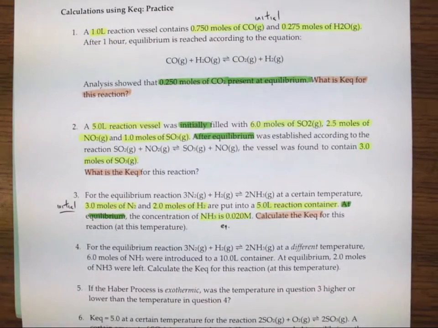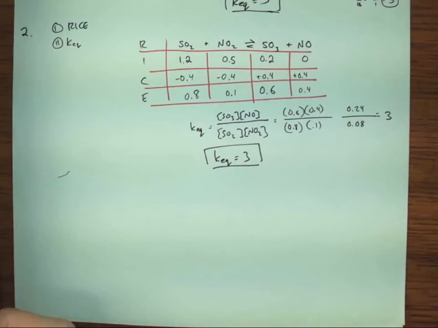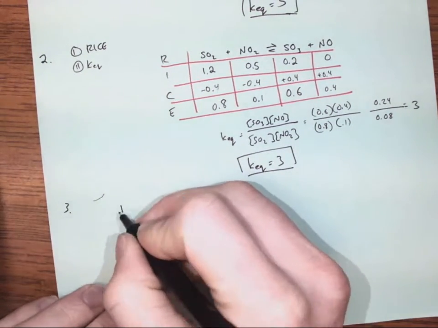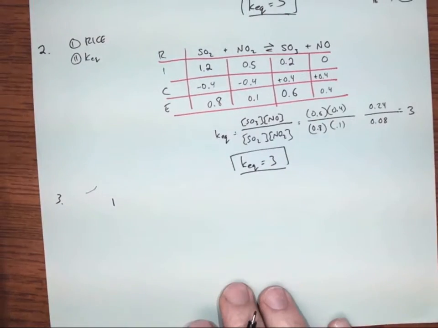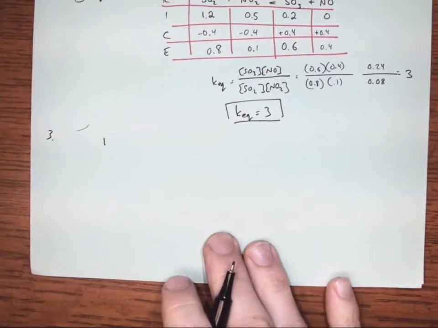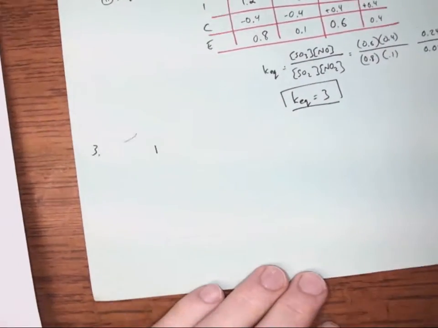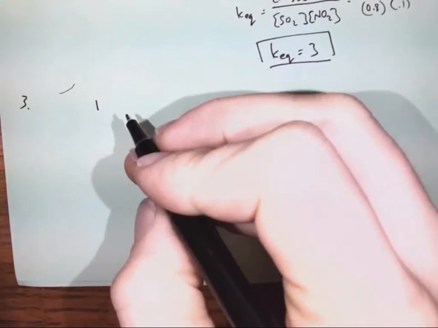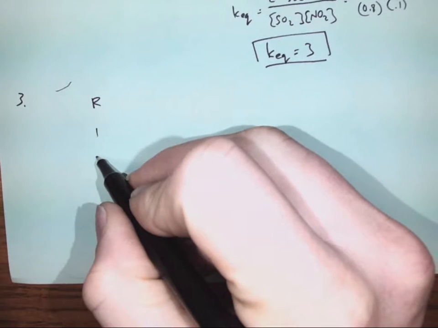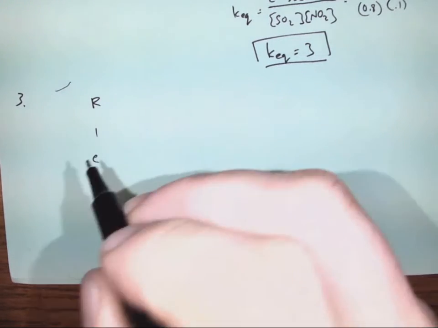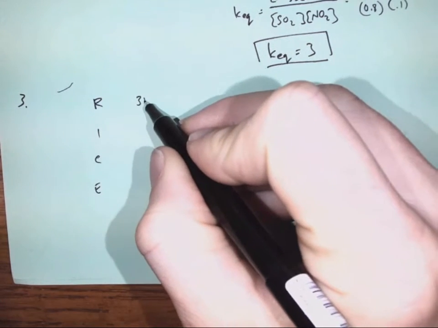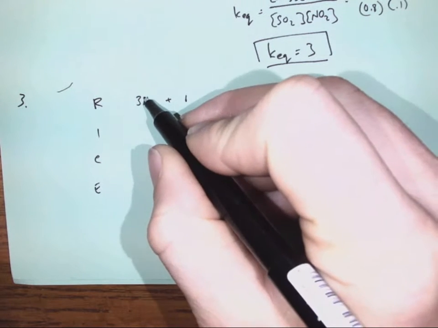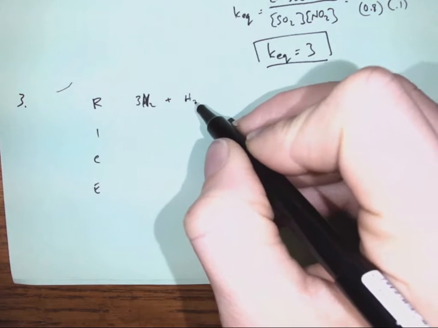All right, so to do this, we should probably start with a RICE table again. RICE box. All right, so just make a bit of room here. There we go. Let me zoom in a little bit here. Yes, all right. RICE. My reaction is the Haber process, 3 H2 plus, 3 N2s, pardon me, H2.